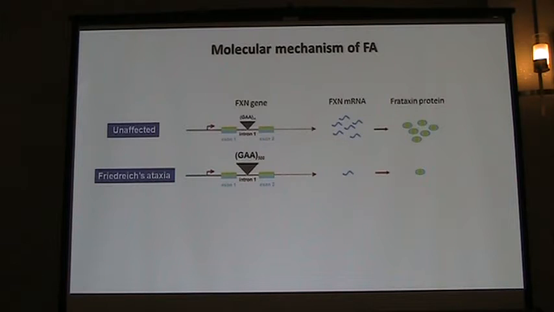This locus encodes for a protein called Frataxin. When the repeats are present, both the Frataxin mRNA and the protein are expressed at very low levels. Since this discovery, scientists have been trying to figure out why, when you have such a large number of repeats, the gene doesn't work properly.